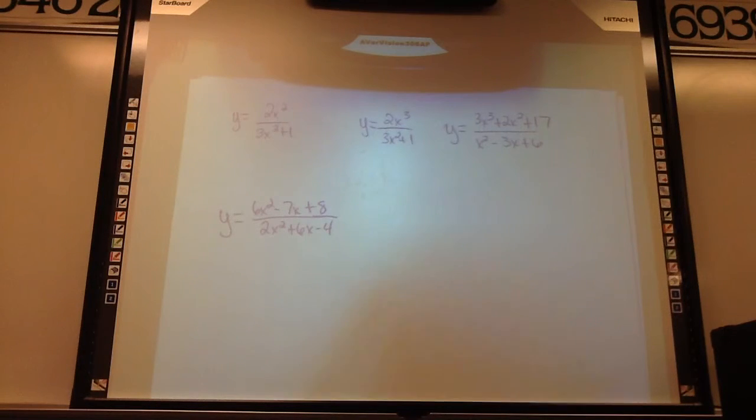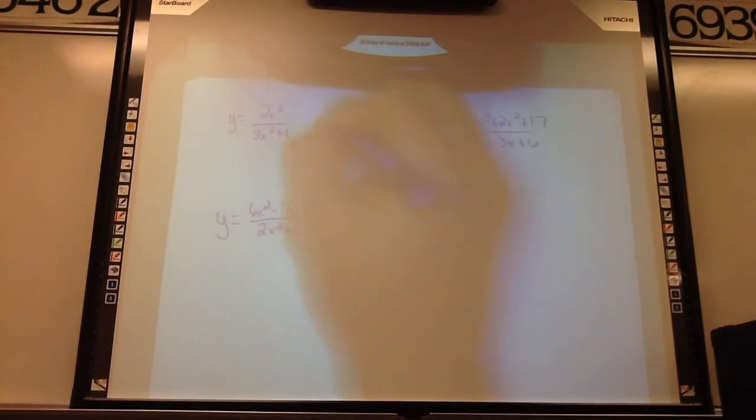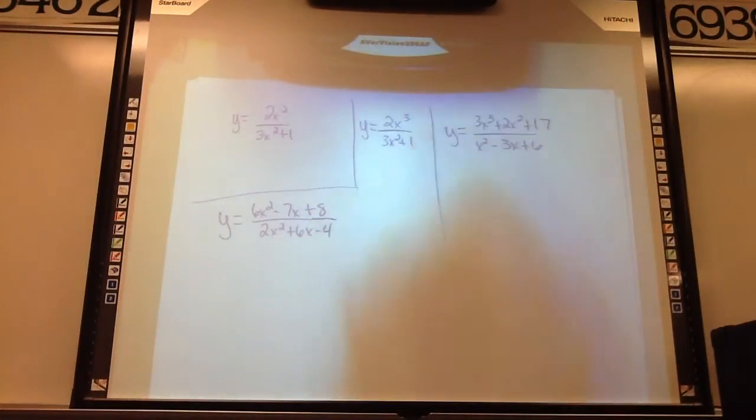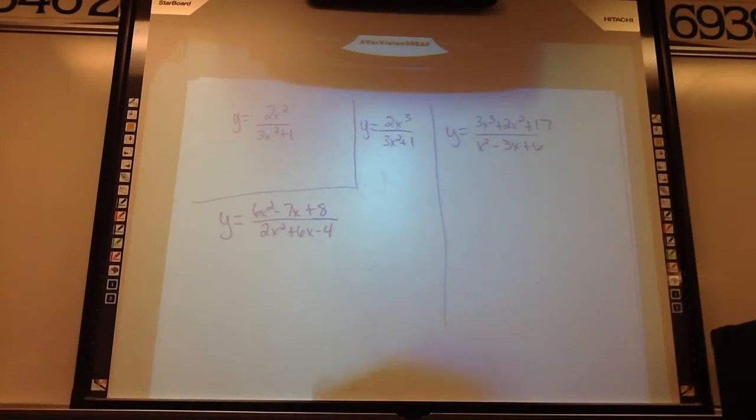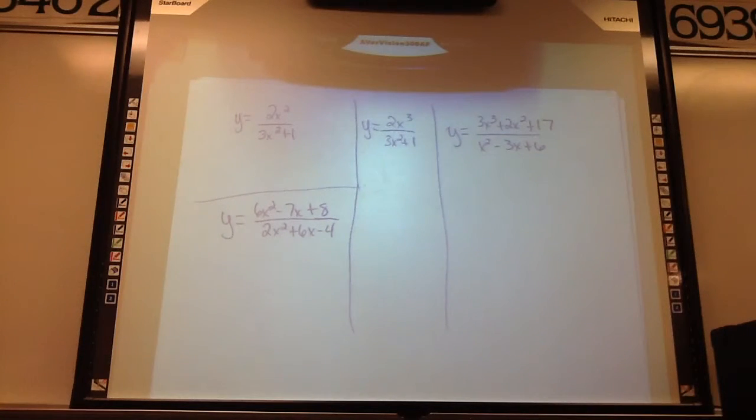Find all the horizontal asymptotes. Horizontal asymptotes right now, easy deal. So you put the number in front of the x?